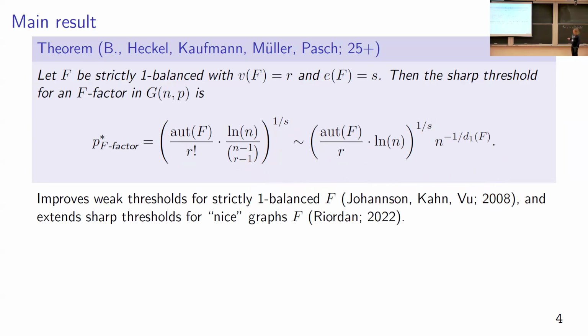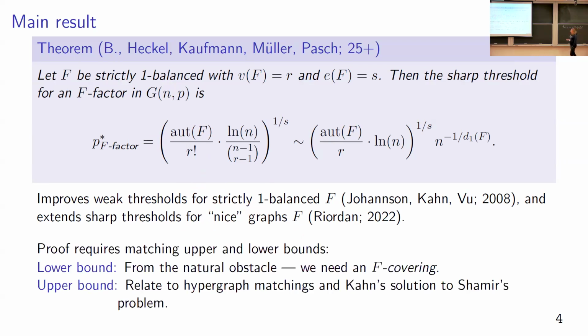They determined the weak threshold, meaning they figured out that, well, this term to the power of 1 over s is sort of the right asymptotic, but they didn't have the constant factor in front. And also, if you restrict to a slightly smaller class of graphs F, then this result has been obtained by Riordan. And I will say more on this as the talk goes on.